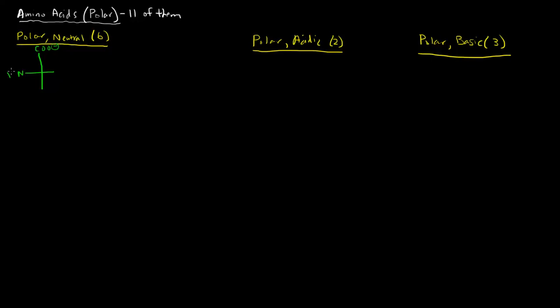I meant to put an H there. Okay, the alpha amino group, the hydrogen, and then the R group. So this first R group looks like this. I have a CH2, and then a C with an amino group, and a carbonyl group.